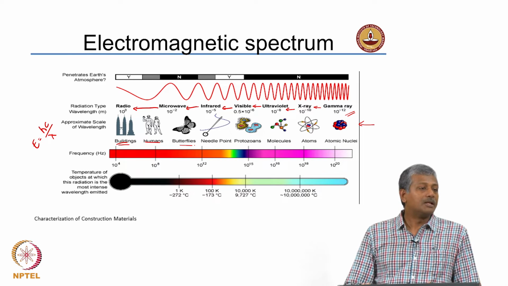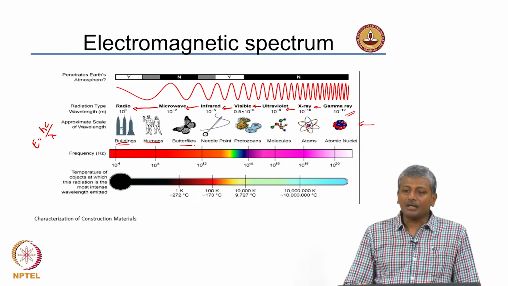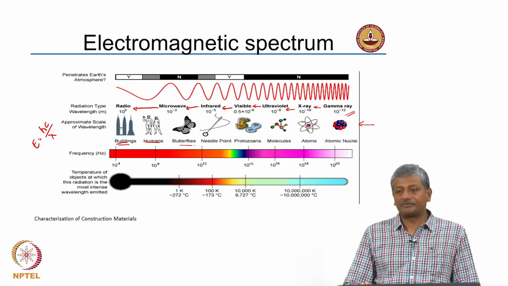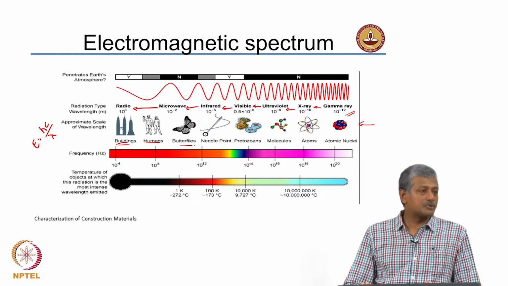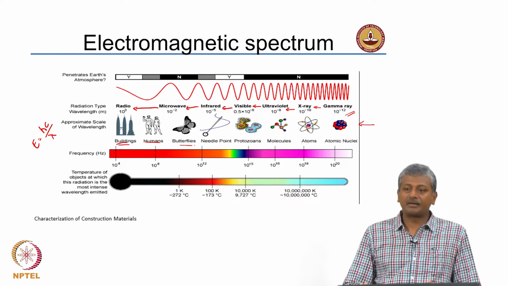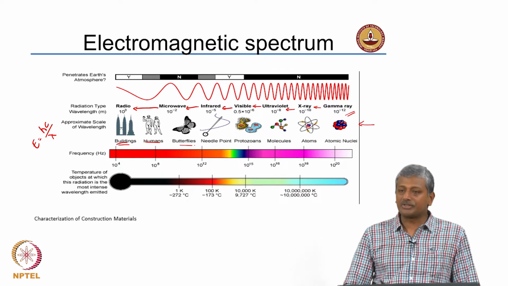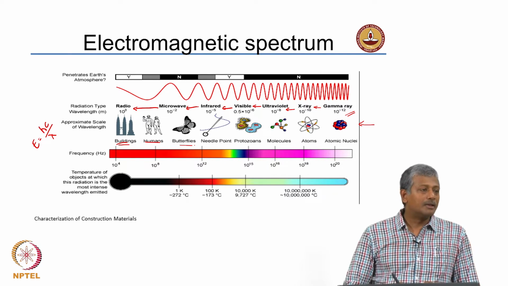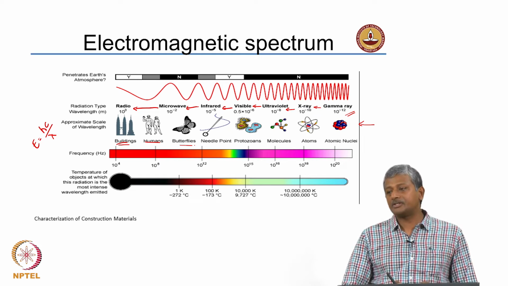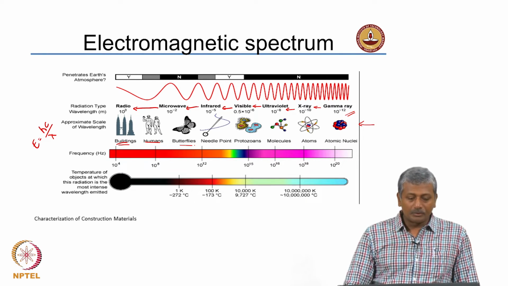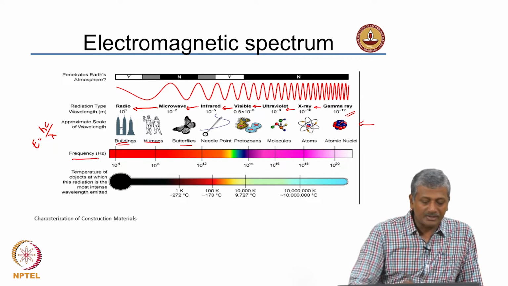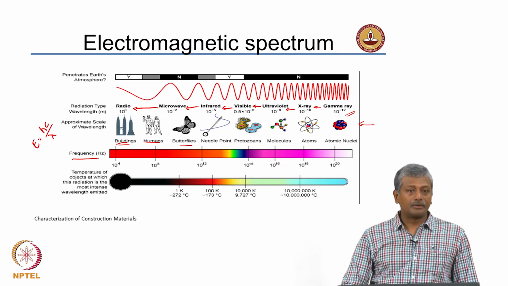For example, locating the position of an aircraft is done using radio waves, radar, radio detection and ranging. If you have to detect underwater objects, you do sonar, sound navigation and ranging. So, the idea is simply that you apply the right type of radiation to study the kind of phenomena that you want to. Now, what is also given is the frequency in hertz. What is the frequency?